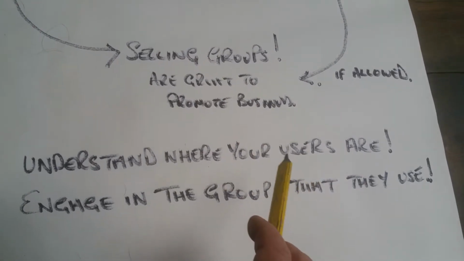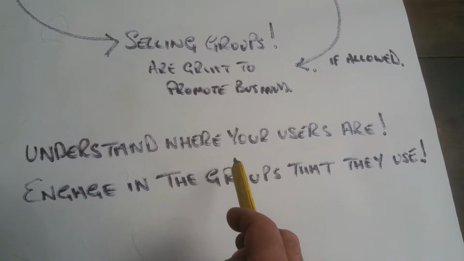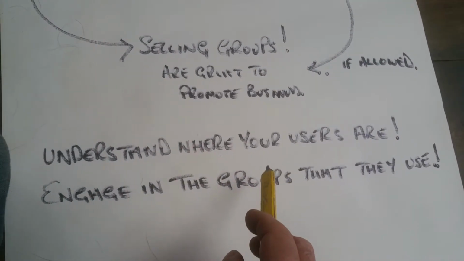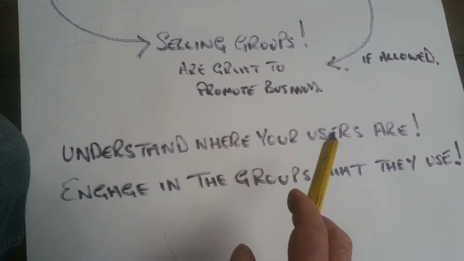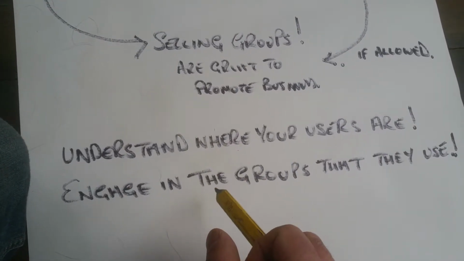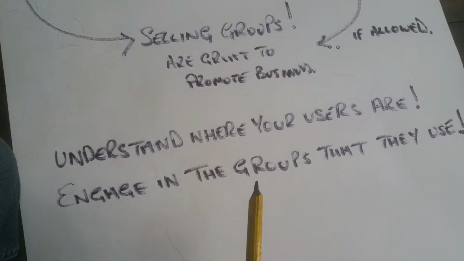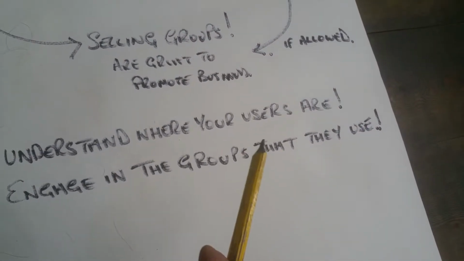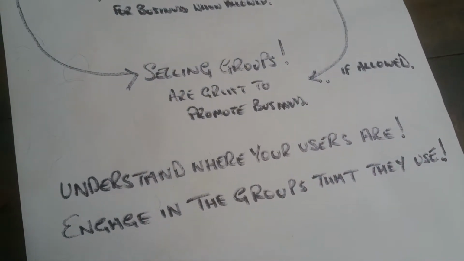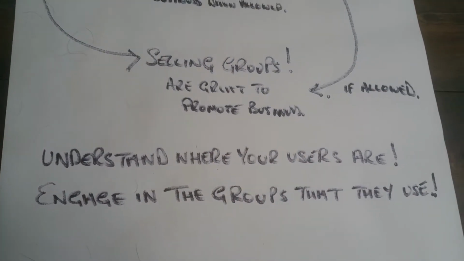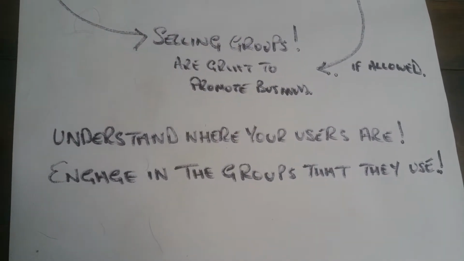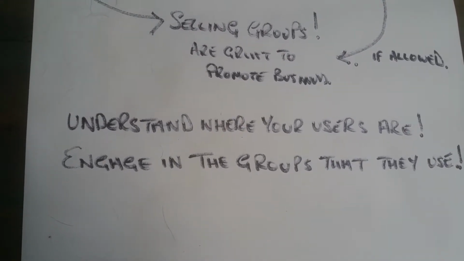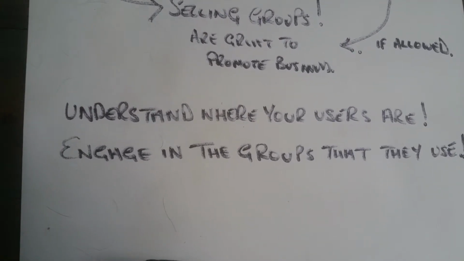Understand where your users are. If Twitter is where your users are, then obviously that's the medium to use. If Facebook, then that's the medium to use. And engage in the groups that they use. So again, you've got to start understanding which groups your users will use, and then you have to get in there and become active.